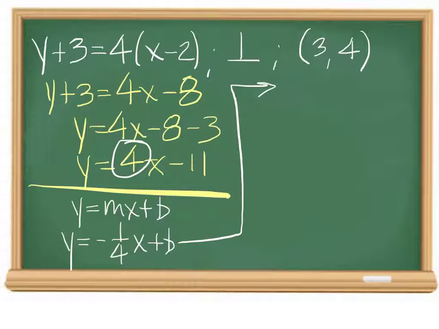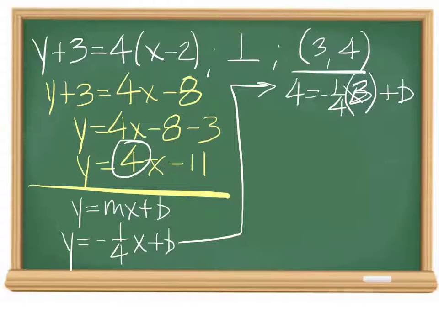And insert this point. 4 equals a negative 1/4 x. We're replacing the x with 3. So 4 equals negative 1/4 times 3 plus b. So that's a negative 3/4 plus b.